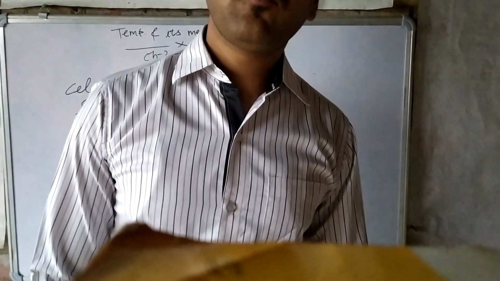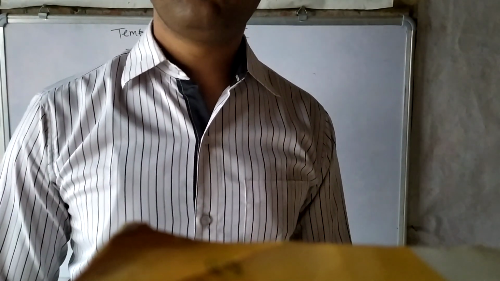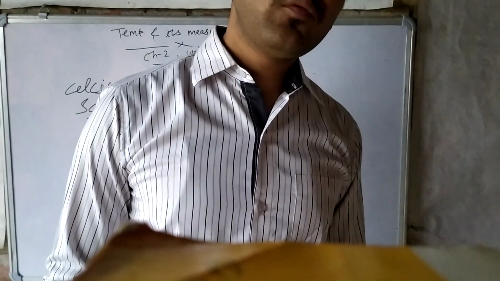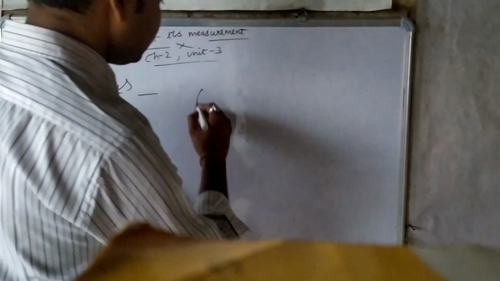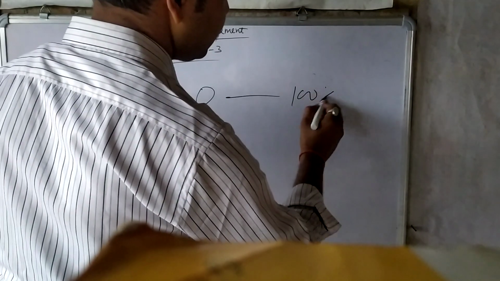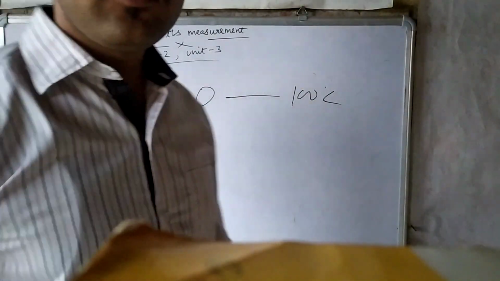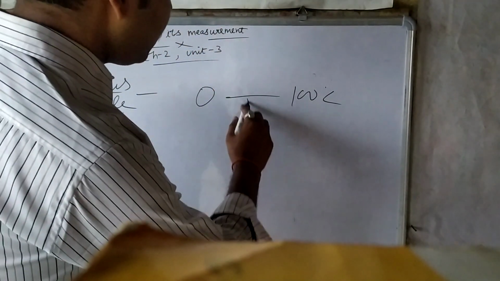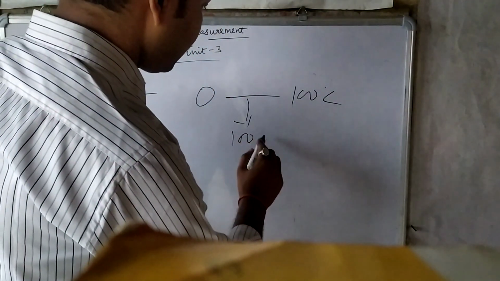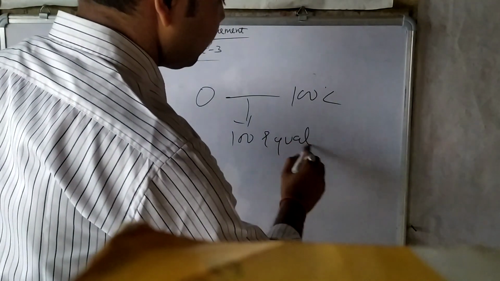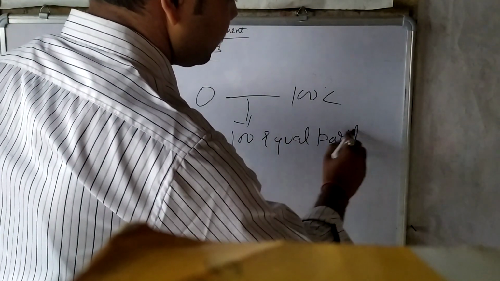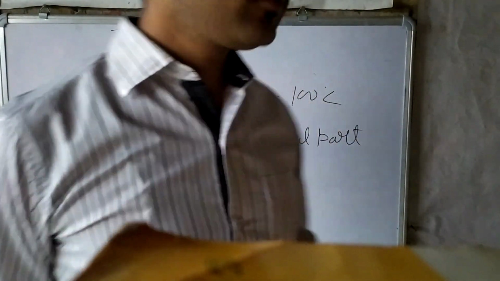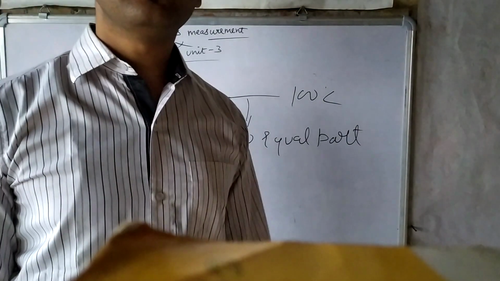In this kind of scale, the marking is between 0 and 100 degrees Celsius. These are divided into 100 equal parts from 0 to 100 degrees Celsius. This type of scale is known as the Celsius scale.